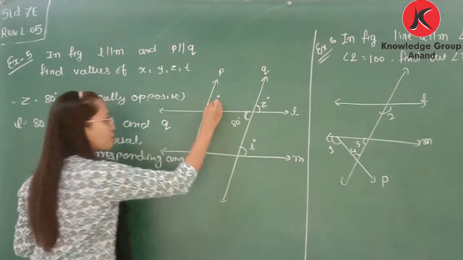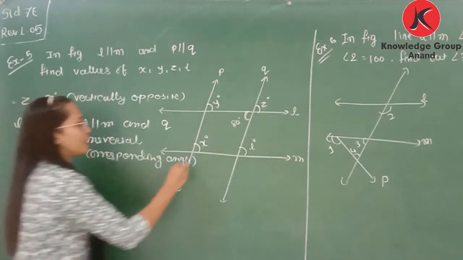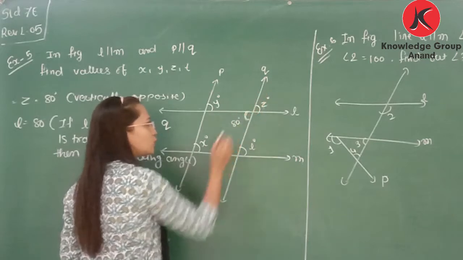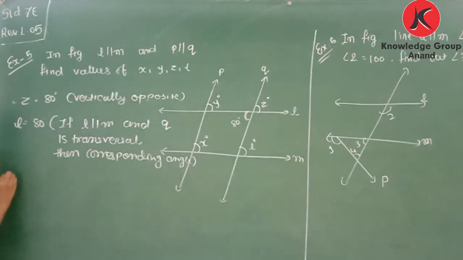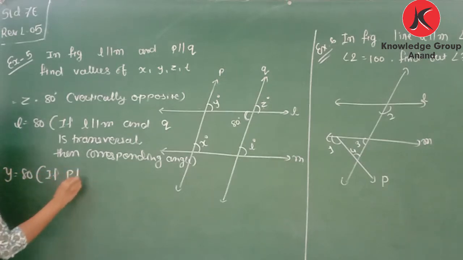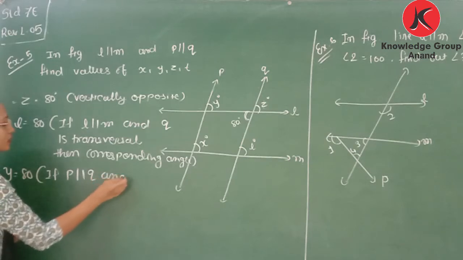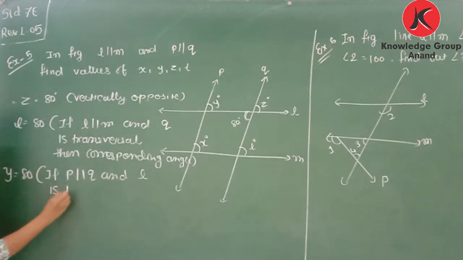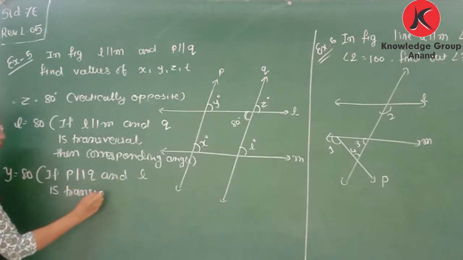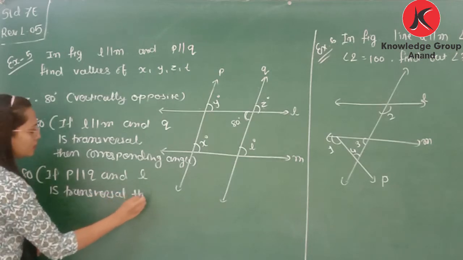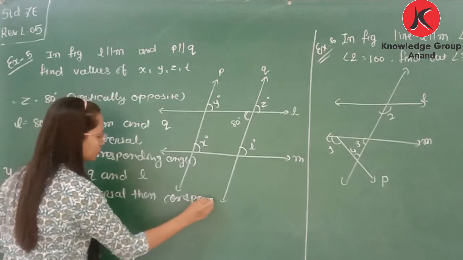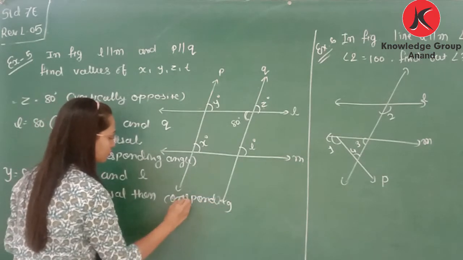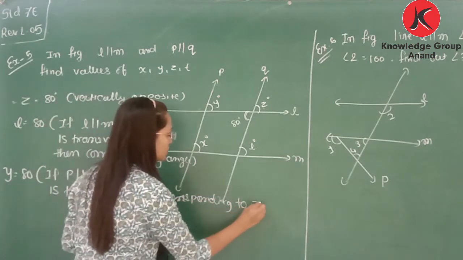Now z and y are also corresponding angles because if we consider P and Q are parallel and the transversal is L, we can write y is also 80 degrees. Reason: if P is parallel to Q and L is transversal, then it corresponds to z.